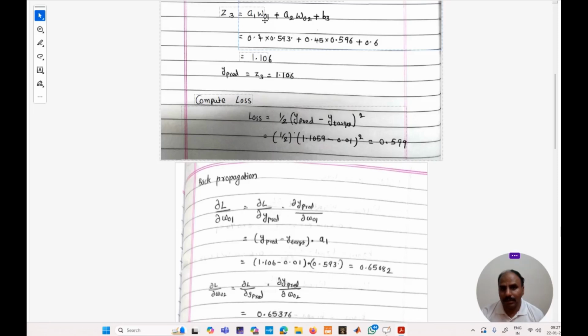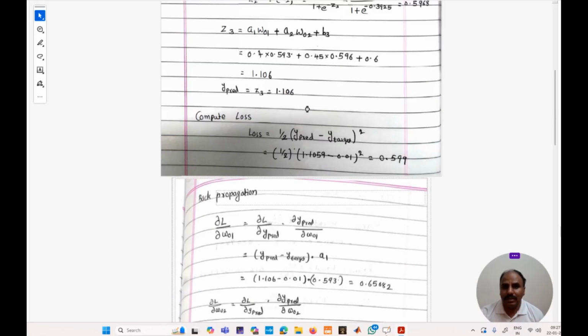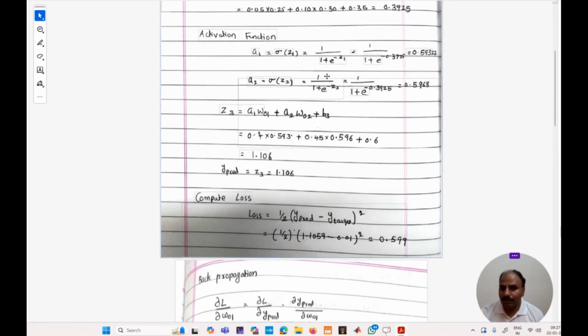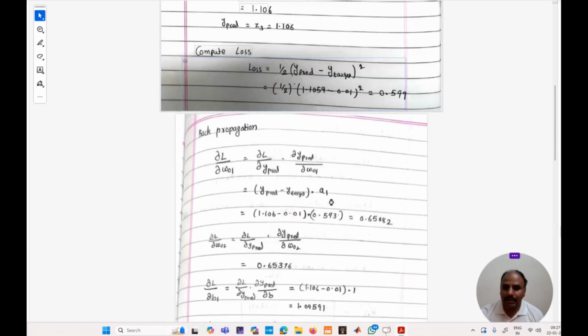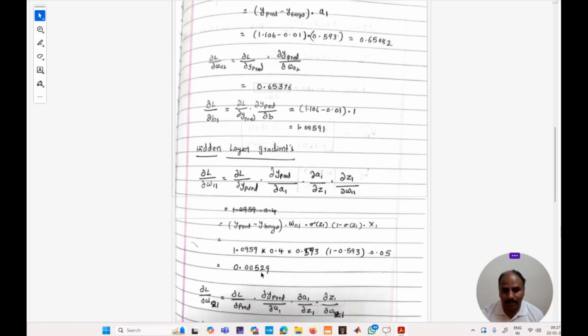Next, ∂A1 by ∂Z1: this is the sigmoid activation function. If you differentiate the sigmoid function, you will get f(z), that is sigma of z1, multiplied by 1 minus sigma of z1. And finally ∂Z by ∂W11 gives x1. Substitute all these values and you will get 0.00529. This is for W11.